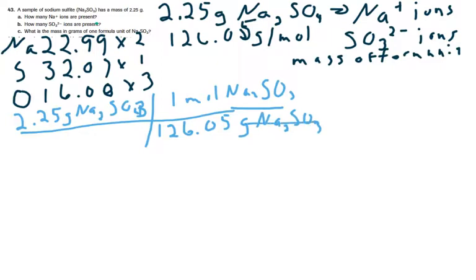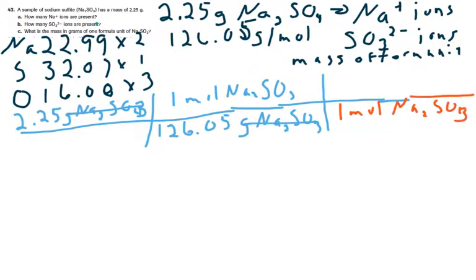Grams, cancel the grams. Then next, we now take and switch substances. So in 1 mole of sodium sulfite, we look back up here. We wanted to get sodium ions. There is 2 sodium ions, and for every 1 sulfite ion.